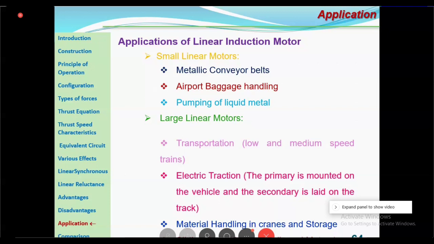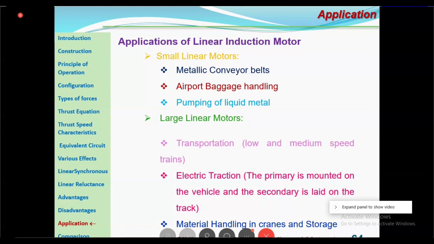The next question is, is speed control of LRM easier compared to LSM? Karthik is asking. No, speed control of LSM is easier when compared with speed control of LRM. As you know, you have different power converter switches, and you have to feed it back.